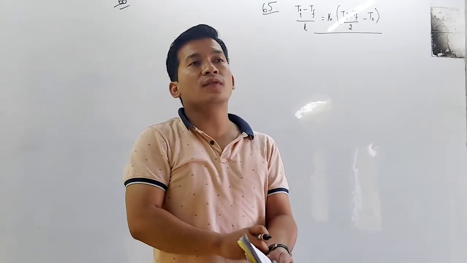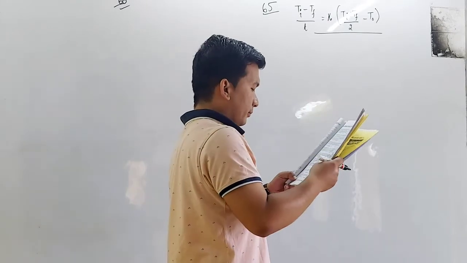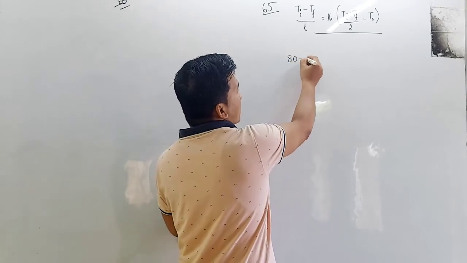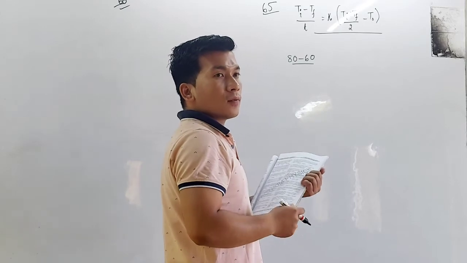Now let us consider the first case, from 80 to 60: 80 minus 60. What is the duration? It is the same, 1 minute.